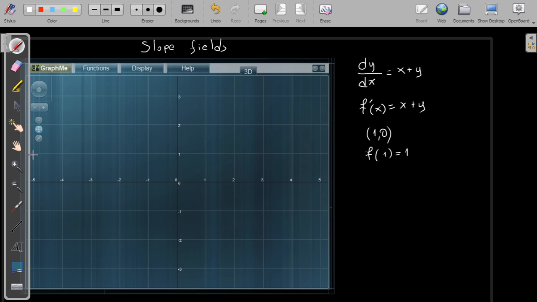So I just found the gradient at point (1, 0). (1, 0) is here, so the only thing I need to do is draw a small segment with gradient 1 at (1, 0). (1, 0) is here, so the gradient is going to look like that.